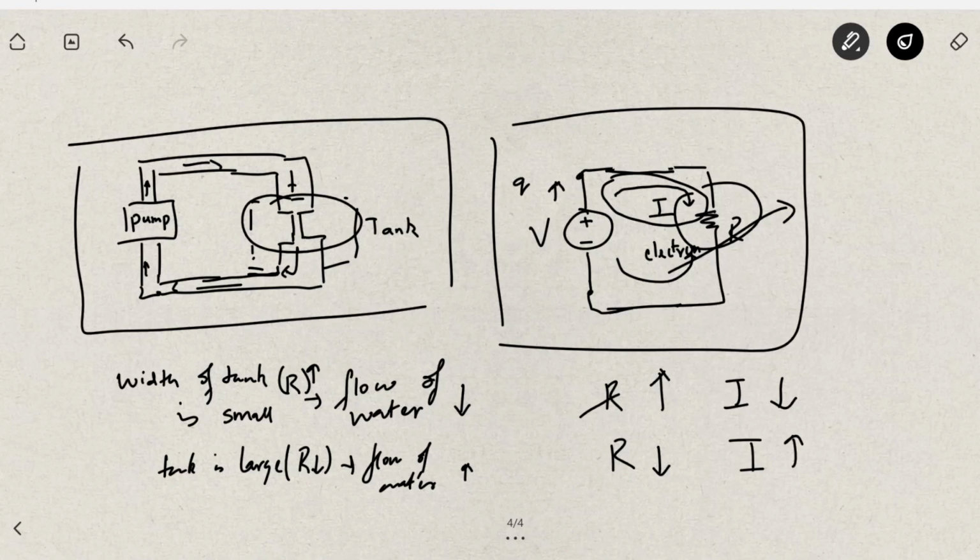At what rate water is flowing through this mechanical circuit, a pump and pipe circuit, similarly at what rate the electrons are flowing through this circuit will determine the value of current. So current is analogous to velocity in a mechanical circuit. The time rate of change of water in this pipe is equivalent to the time rate of change of charge in an electrical circuit. That's current.